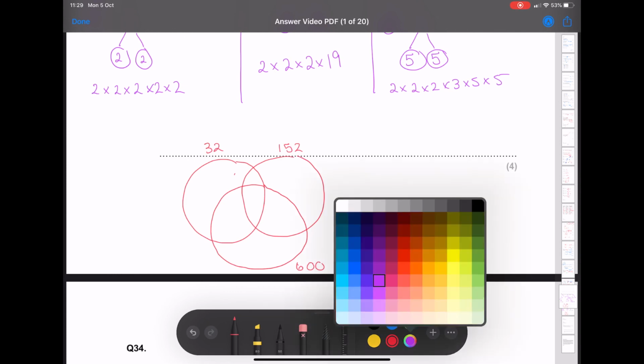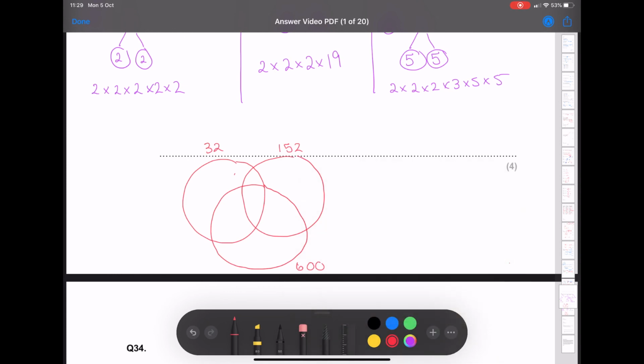So we've got a 2, a 2, and a 2. I can put that in there. 2, 2, 2. I can put that in there. 2, 2, 2. I can put that in there. So you're putting all the 2's inside the middle, the intersection, because they're in all of them.